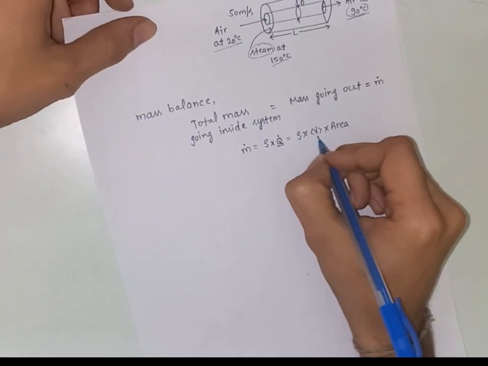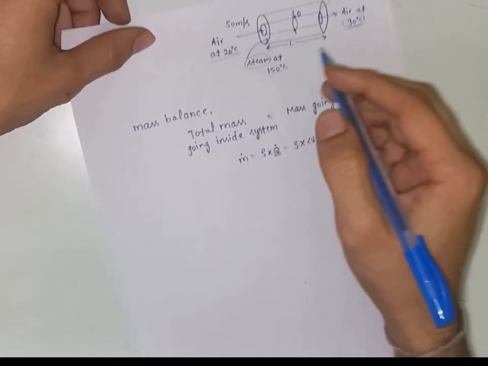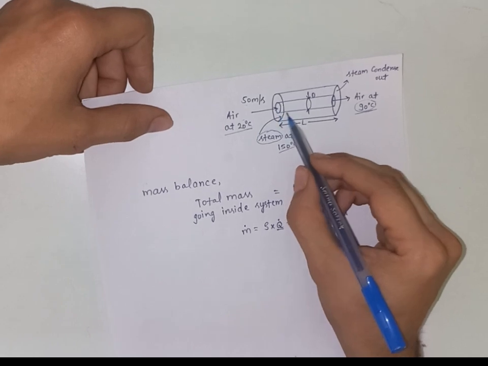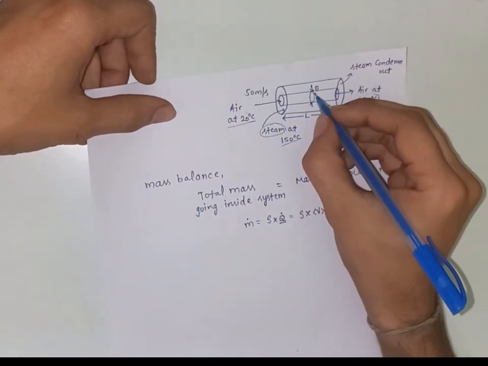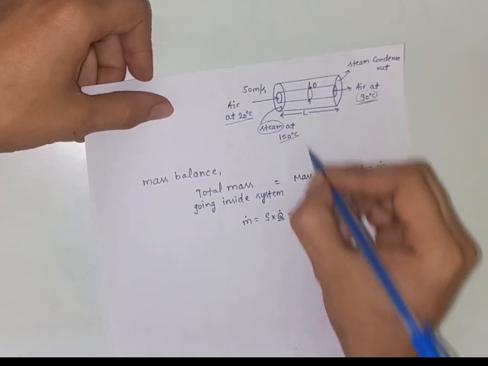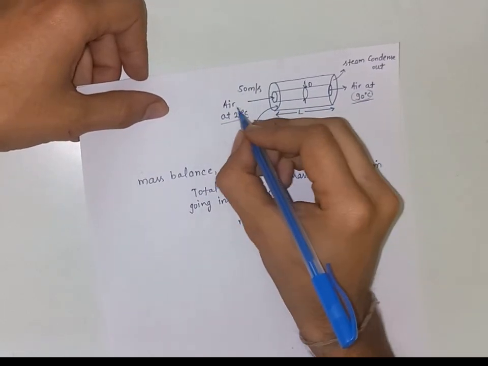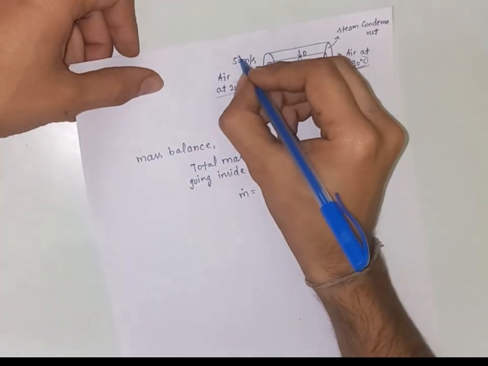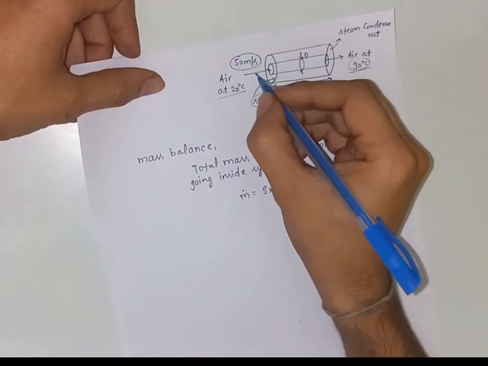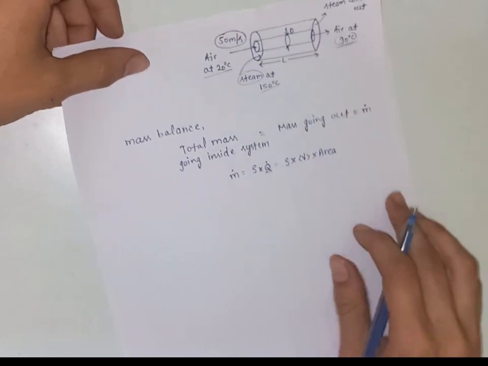So this is basically the characteristic velocity, and in the case of fluid flowing through a cylinder, this characteristic velocity is the velocity through the axis of the cylinder. Here we are given 50 meter per second; in the question itself it is given.